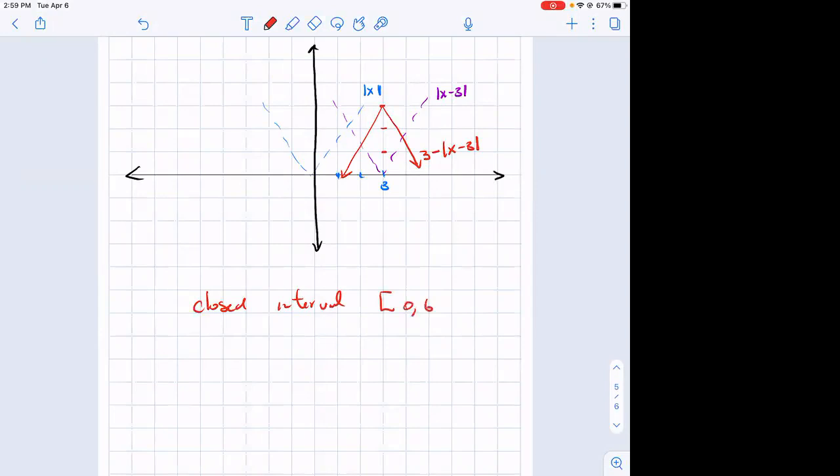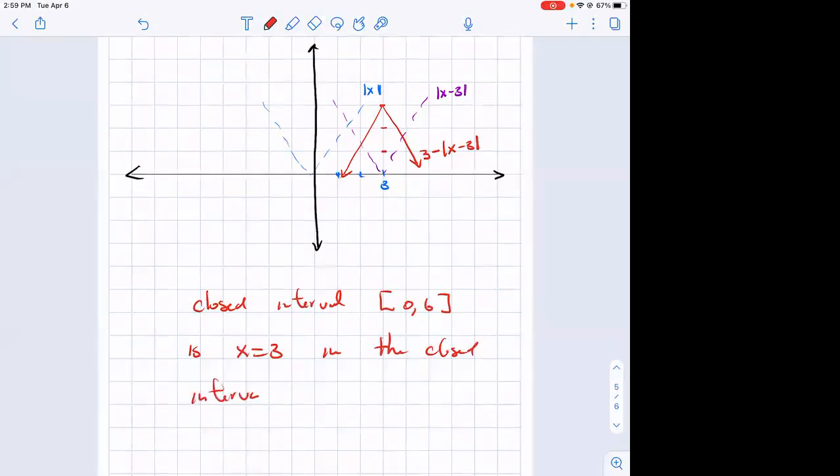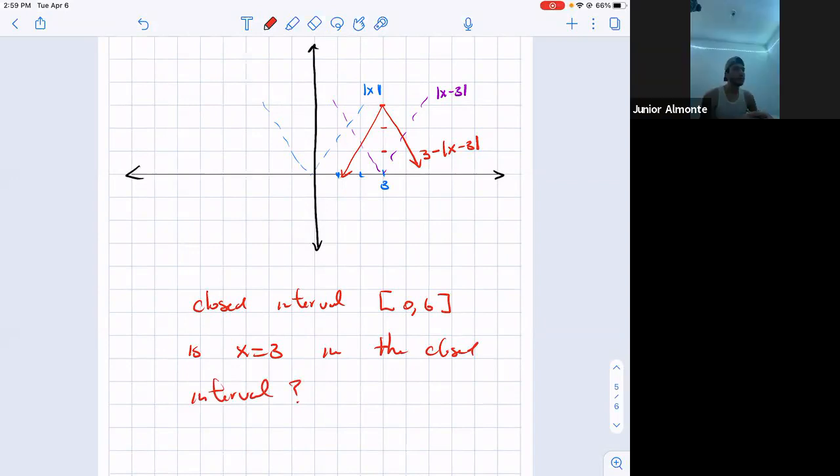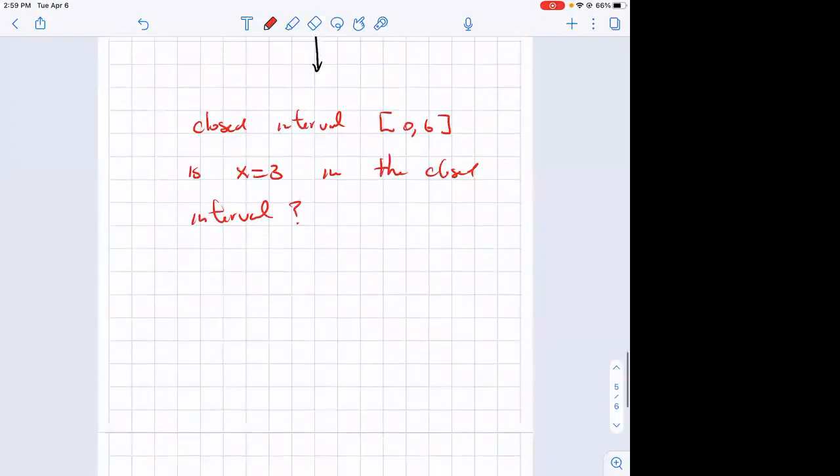Is x equals 3 in the closed interval? Yes or no? Yes. So that means this function is not differentiable on the open interval 0, 6. Do you agree with that statement?